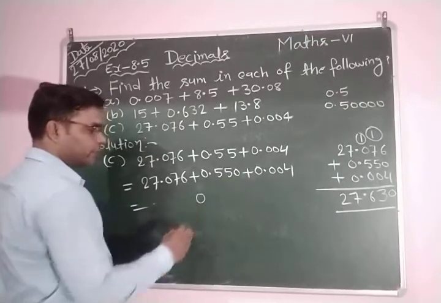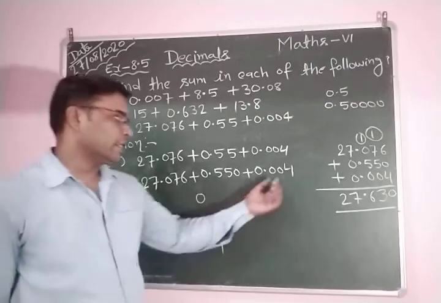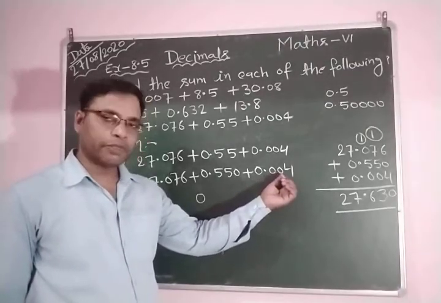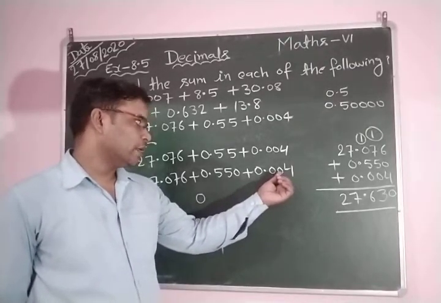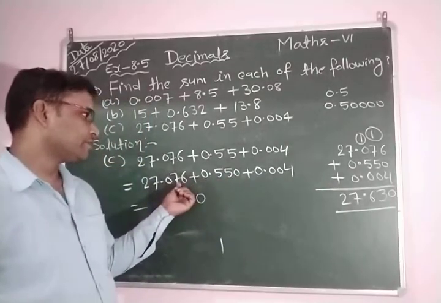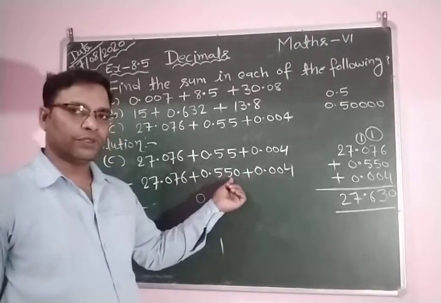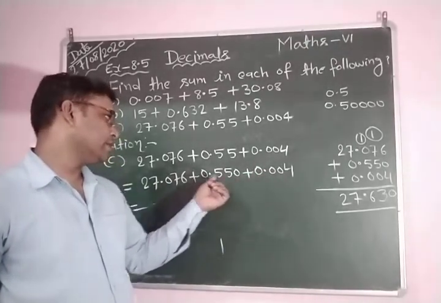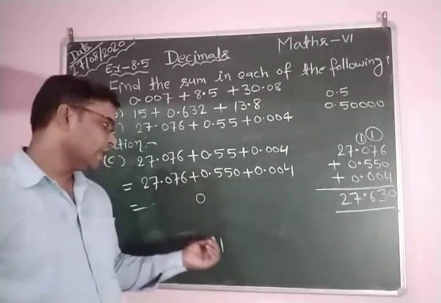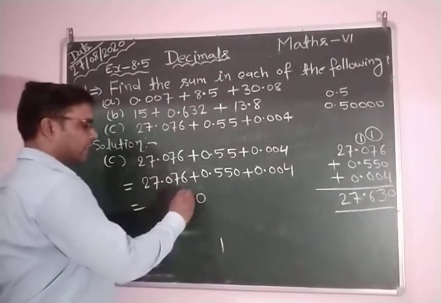So 10, you write here 0 and carry 1. Okay, now the hundredths position digits: here 0, here 5, and here 7. Okay, so 0 plus 5, 5 plus 7, 5 plus 7 is 12, and the carry 1 makes it 13. Write 3, carry 1 again.